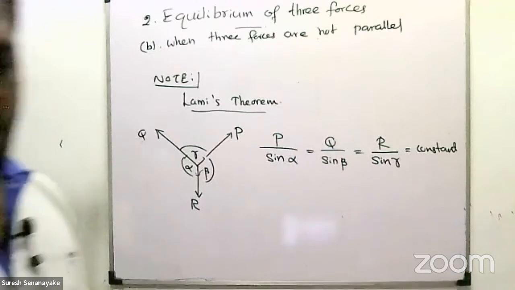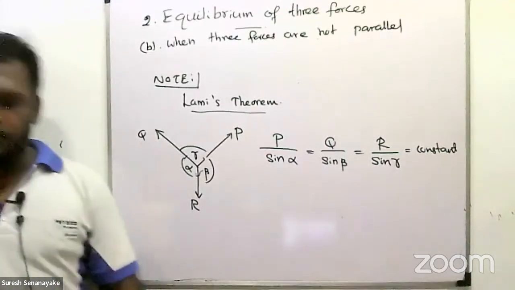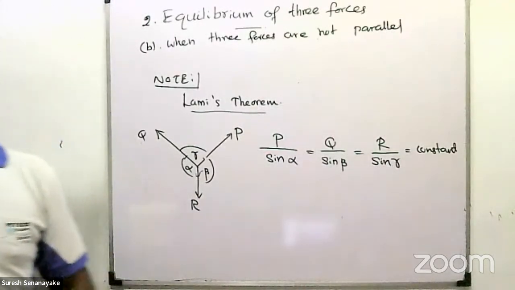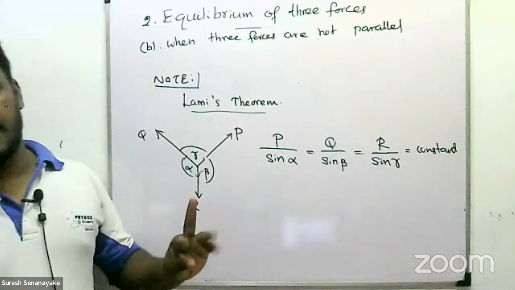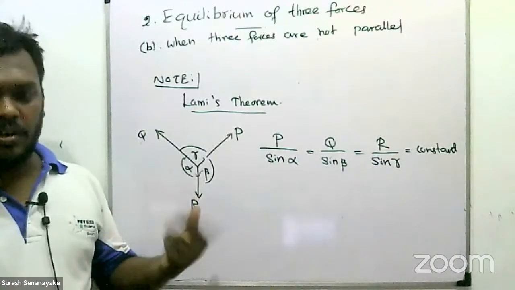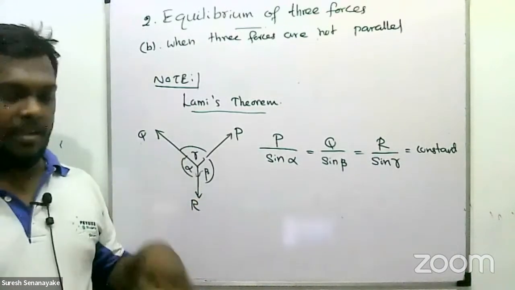Right? Then we know that when a body is in equilibrium under two forces, they should be equal and opposite and in the same line.